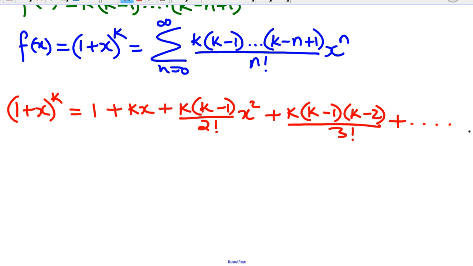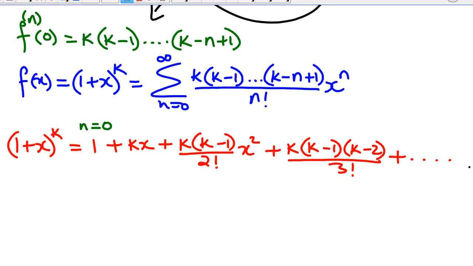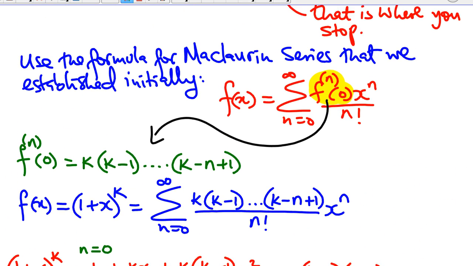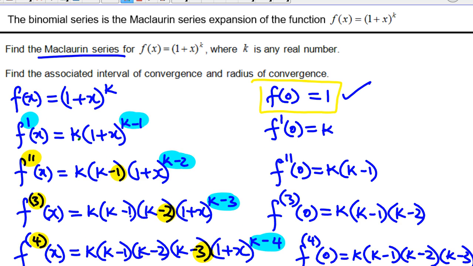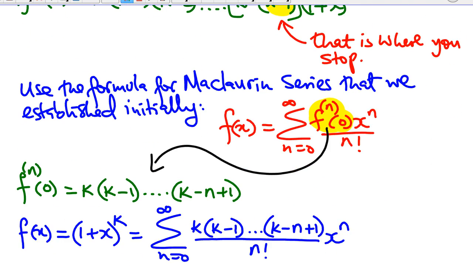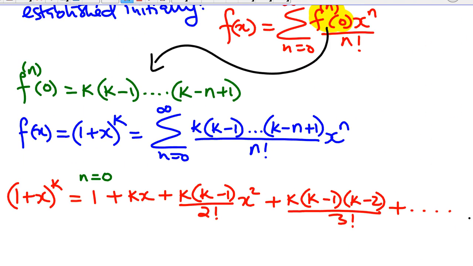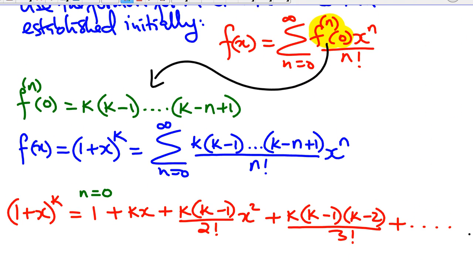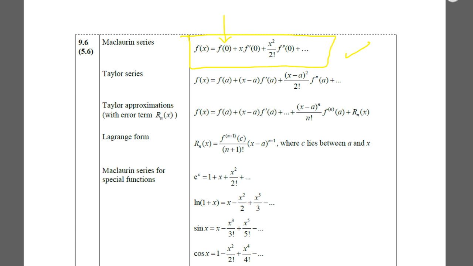Now, this is when n is equal to 0. We've just said that the first term is 1. Okay? So remember the Maclaurin series expansion, this is when n is equal to 0, n is equal to 1, n is equal to 2.